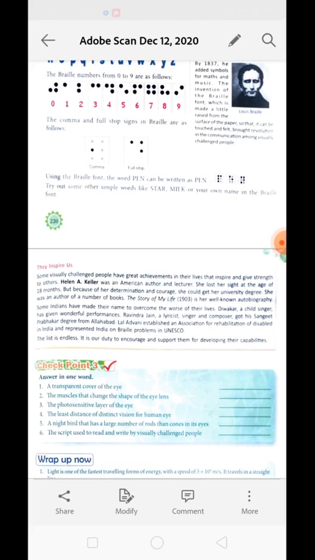The list is endless. It is our duty to encourage and support them in developing their capacity and capability, because they are even better than us. Even though they do not have vision, they are still going on and achieving so many things in their life. So we must support them, okay, and we must care for them.